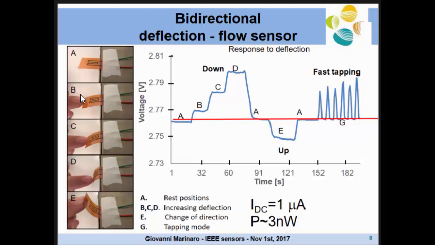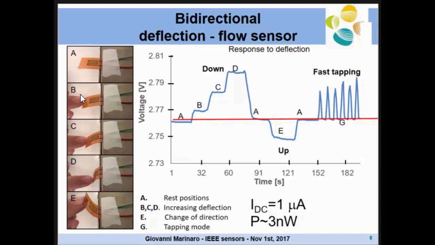Then if you start to bend it in cases B, C, D, you can see that the voltage will increase. And this is the opposite: when you bend the sensor up, you can measure different velocities from different directions.